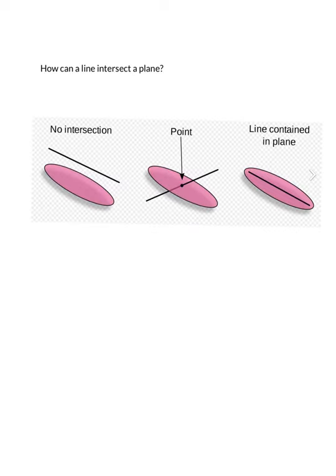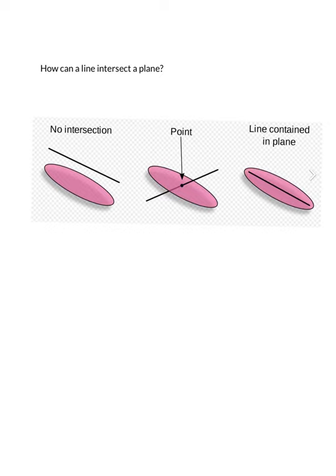We're going to start thinking about how a line can intersect a plane. I think this is a really good visual. Another visual, if you want to take a piece of paper and maybe a pen, you might be able to see this a little bit easier. The piece of paper would obviously be your plane and the pen would represent the line.